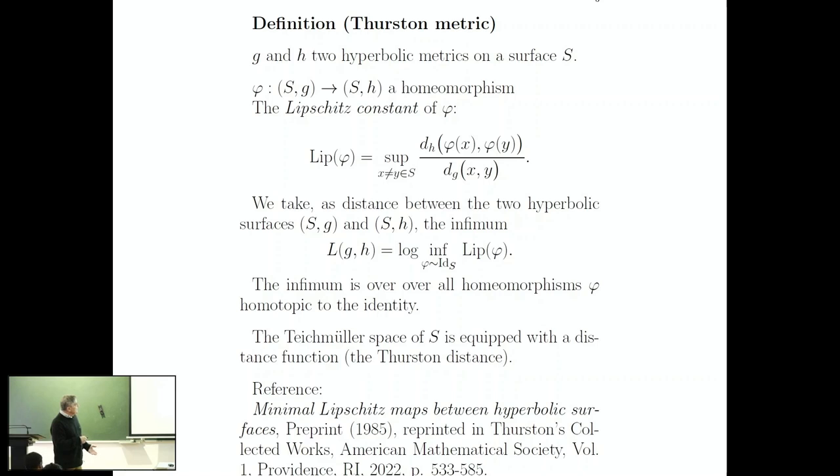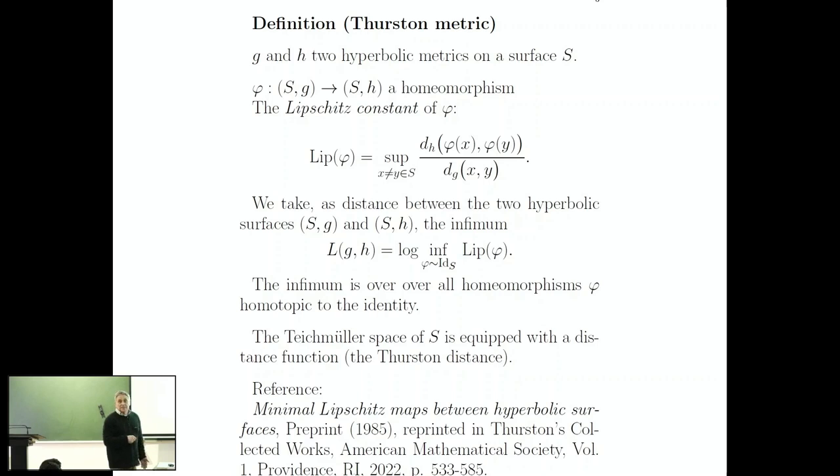And in general, I think all of you, when you learned about metric spaces, heard about Lipschitz. A Lipschitz map is when the supremum over all pairs of points of this ratio here is bounded.